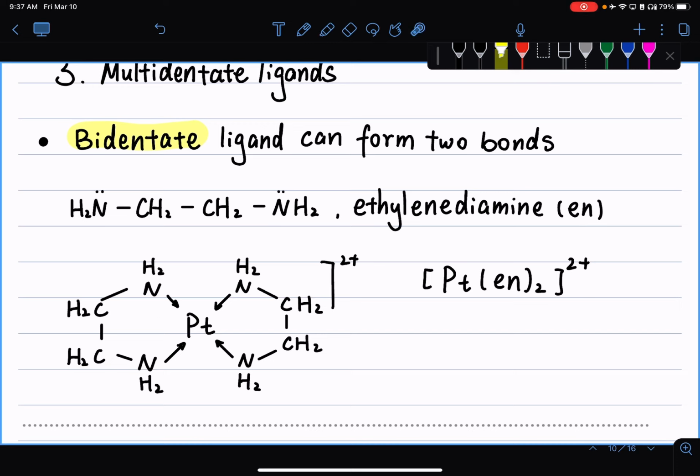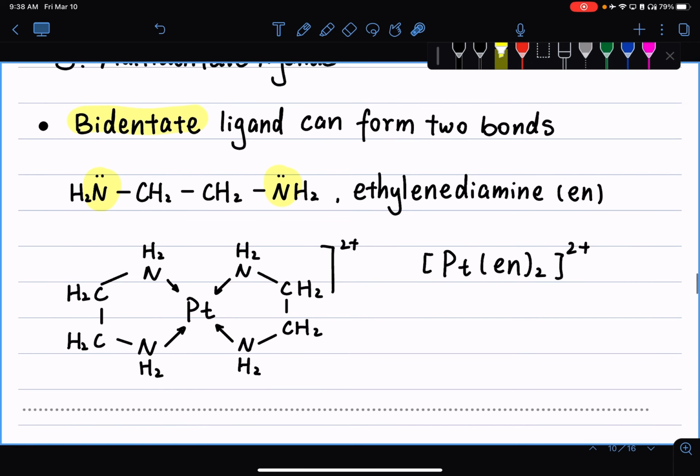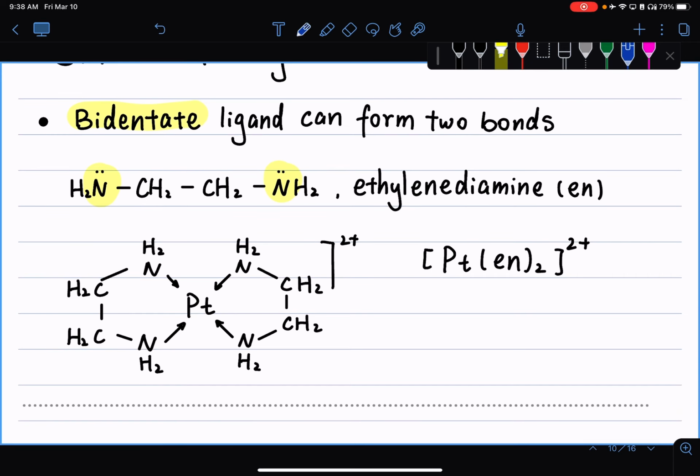In this complex, each en will have 2 chemical bonds with the transition metal center via the lone pair of its terminal amine group. When we draw these dative bonds, these are the lone pairs donating electron density into the center palladium.